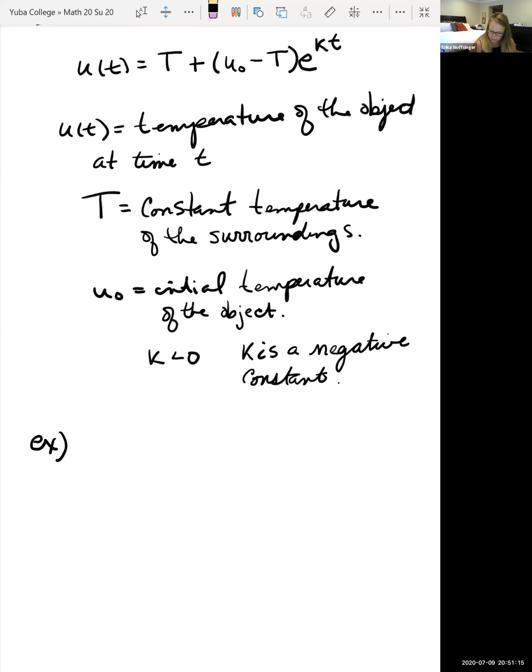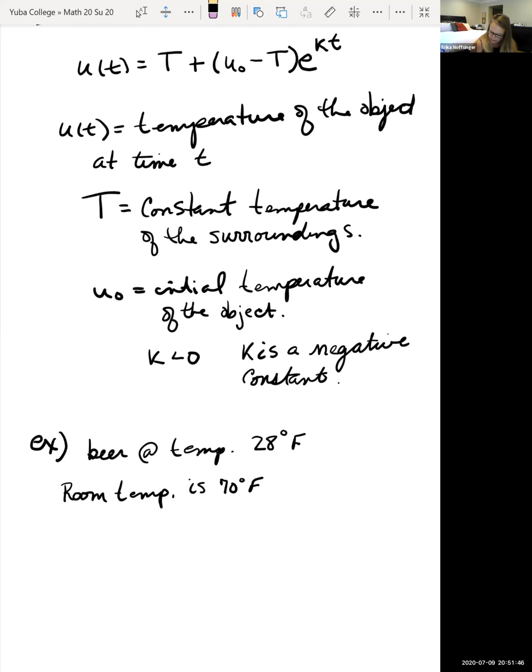Okay, so we got a beer at a temperature of 28 degrees Fahrenheit. It's placed in a room of a constant temperature of 70 degrees, so the room temp is 70 degrees Fahrenheit.